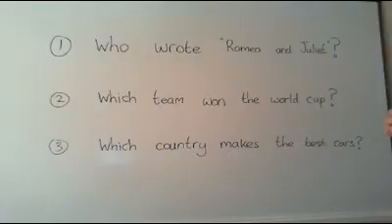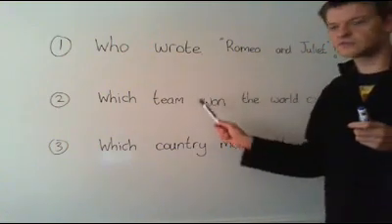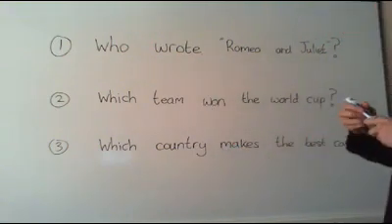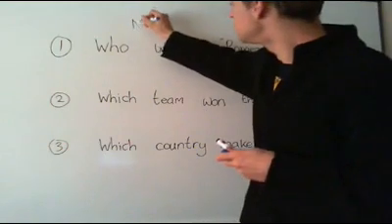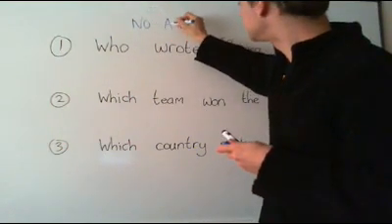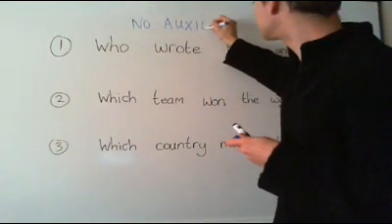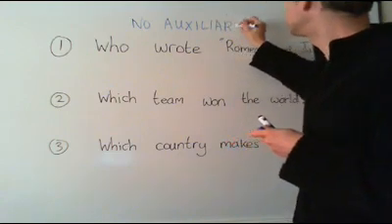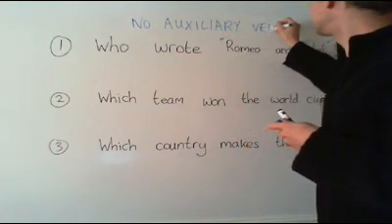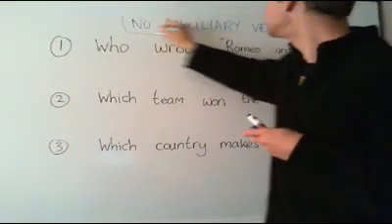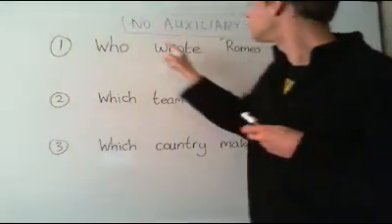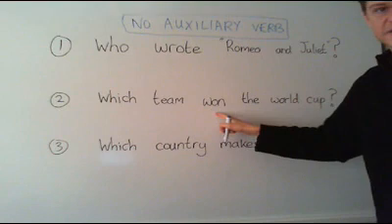Okay, if we look at these three questions, there is no auxiliary verb. There is no did for the questions in past simple. No auxiliary verb, no did in 1 or 2, which are in past simple.